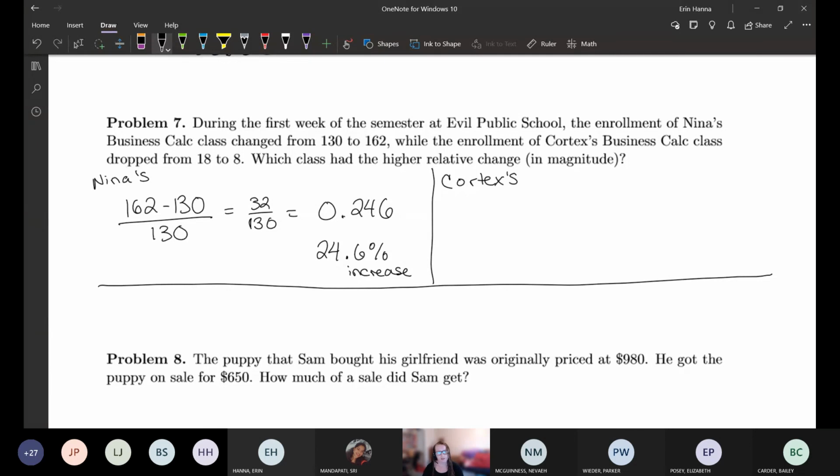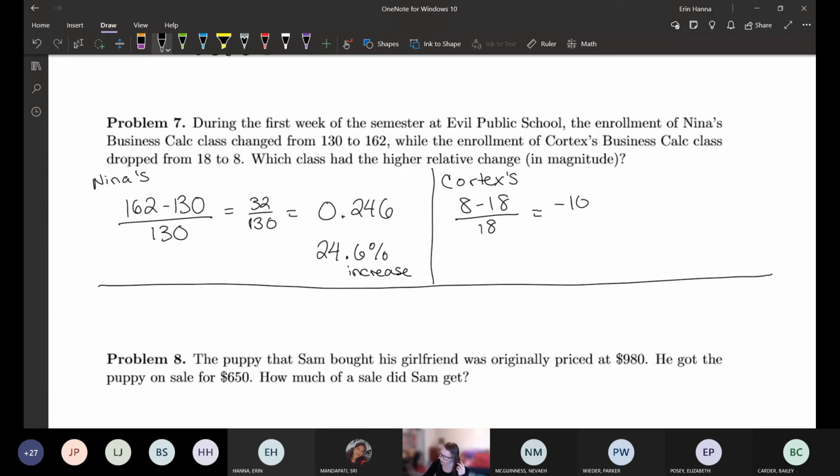And then Cortex's started at 18 and ended at 8. So end minus beginning would give us 8 minus 18. That's the other thing. I find a lot of people will accidentally always put the larger value first. No, no. It really depends on where you started and where you ended. So we started at 18, dropped down to 8.